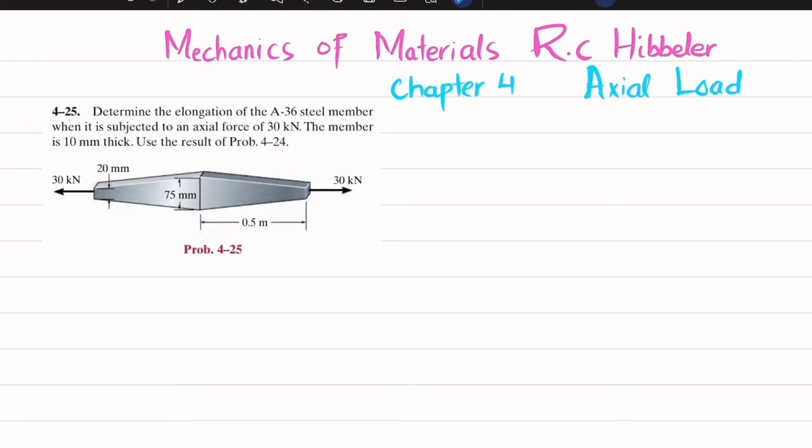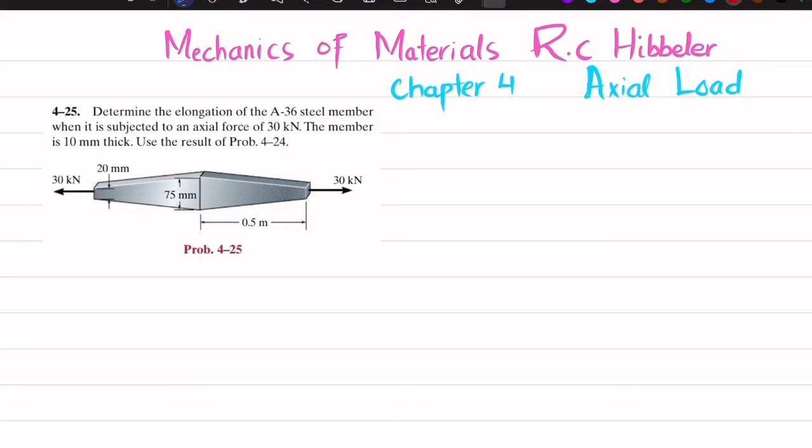So you can see this is the A36 steel member that is acted upon by a tensile load of 30 kilonewton, and the thickness of this member is 10 millimeter. This width is 20 millimeter and this width is 75 millimeter. So you have to find the elongation with the help of the results of problem 4-24.